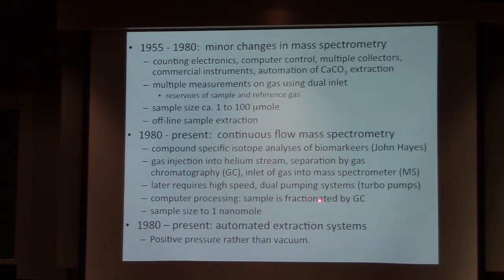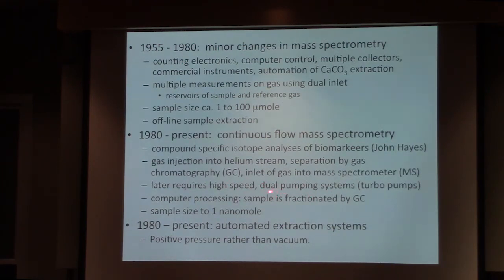It's still a Nier type mass spectrometer, still a gas inlet, but it's basically under positive pressure rather than a vacuum, and some other things had to happen. The other main thing is we had to have really high pumping systems. So you hear about turbo pumps.